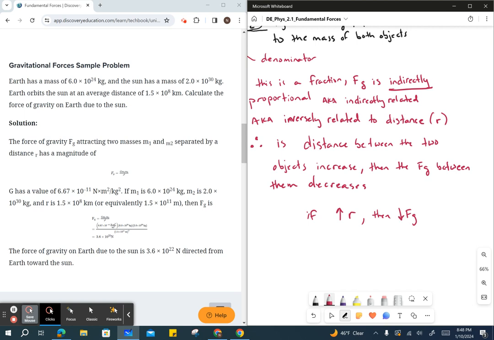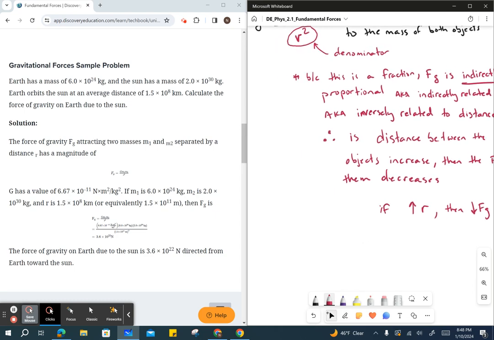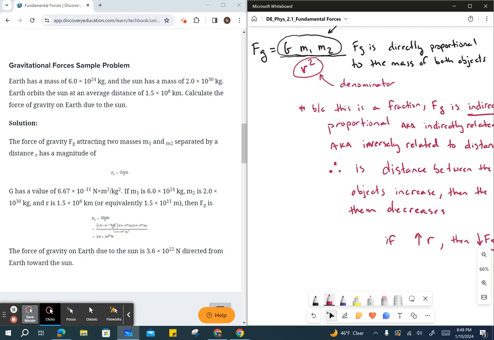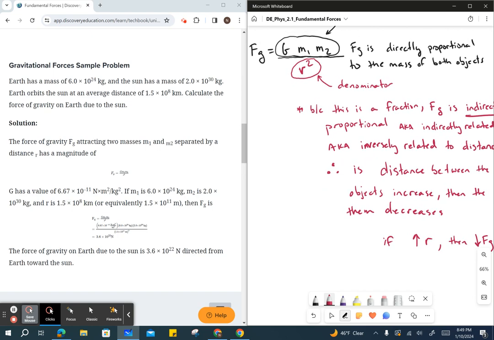Okay, that's an inverse relationship. As one goes up, the other one goes down. And that's something you were asked early on in your prior knowledge questions. So let's leave that there for you for now.